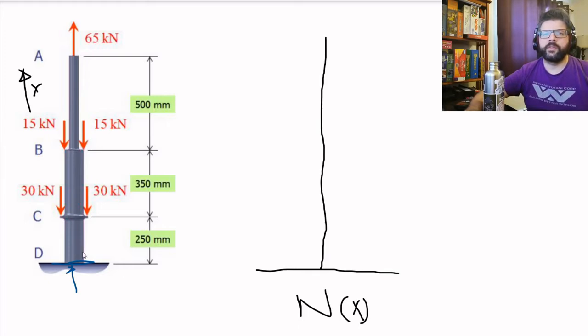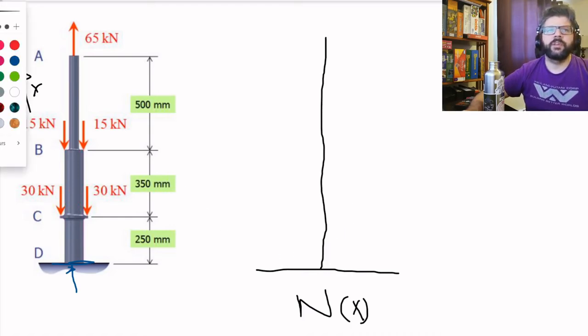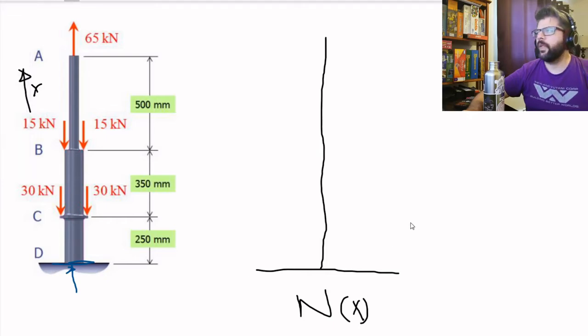I like to have x be along the length of something, even if it might be oriented vertically, but picking y or something wouldn't be terrible for that.